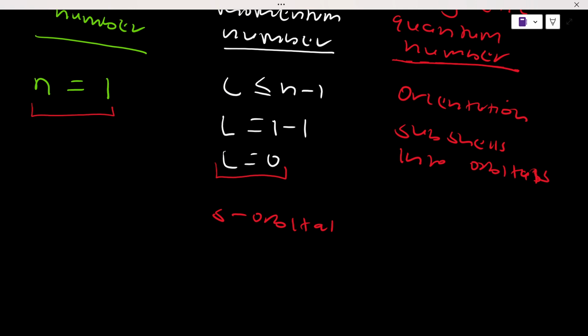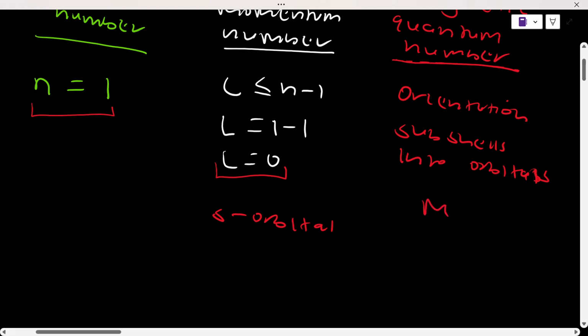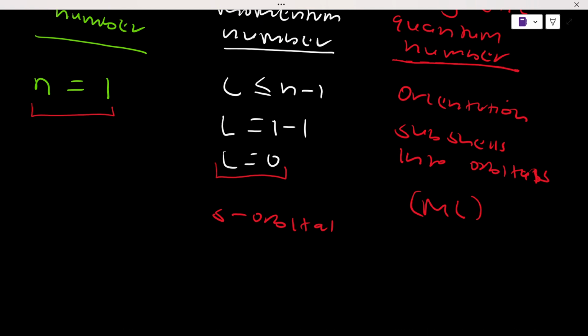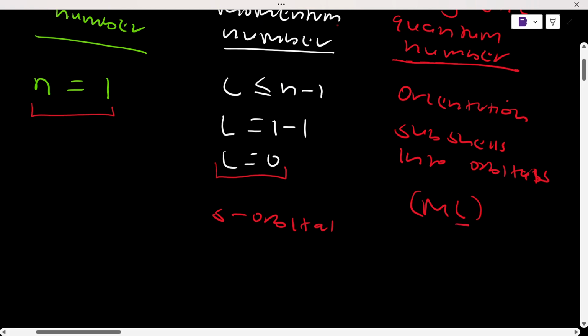So when I'm referring to s orbital, my magnetic quantum number, which is always denoted by letter small m, small l, will show me that if L is 0, I'm going to have m0, which is still the same as 0. So it means I'm still coming back to the s orbital.